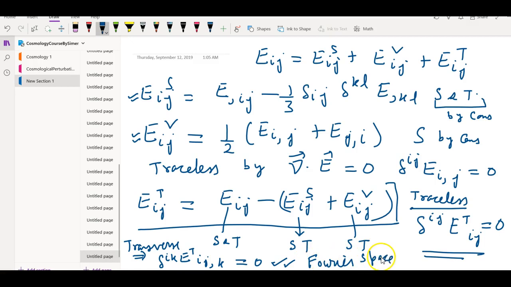When we look at all of these constraints in the Fourier space, we will see that they lead to the tensor modes which lead to gravitational waves, and then this condition will be justified.